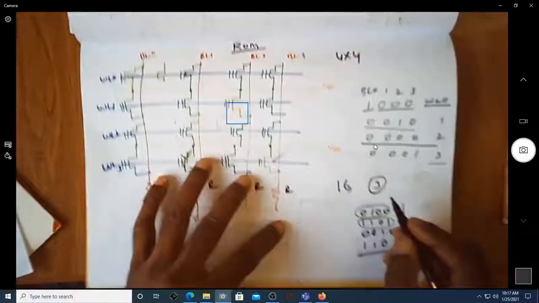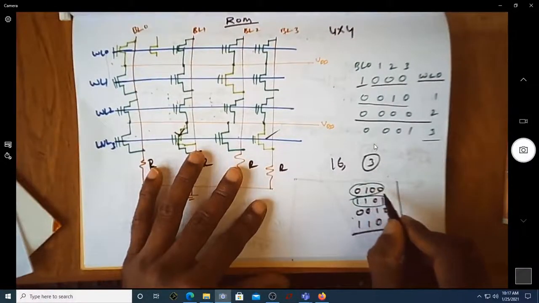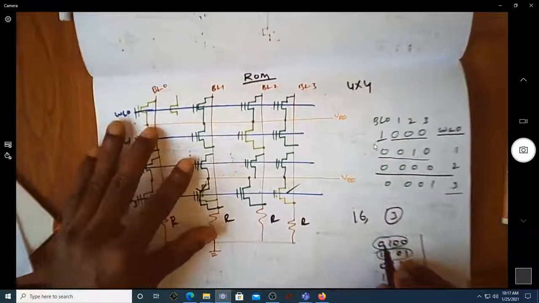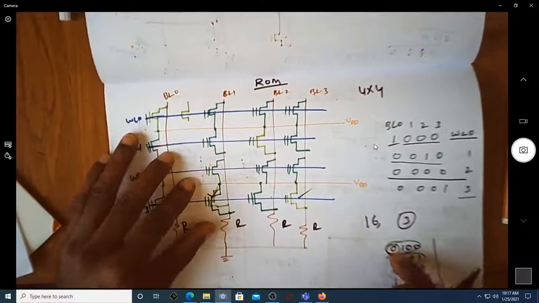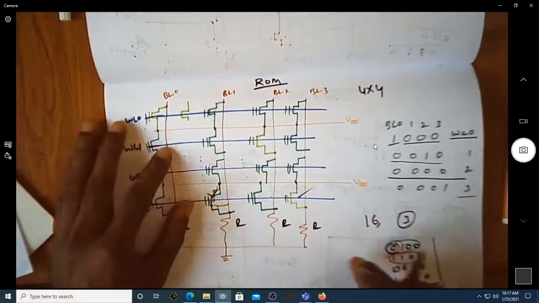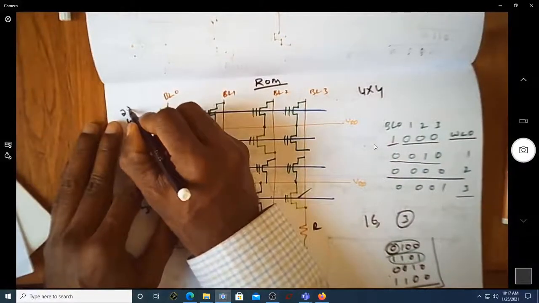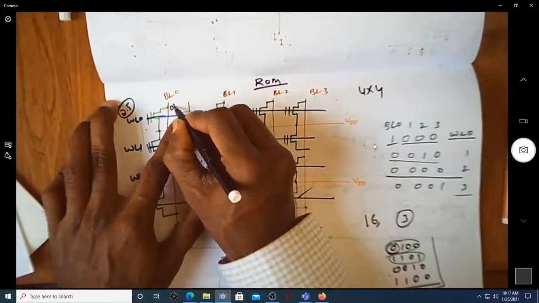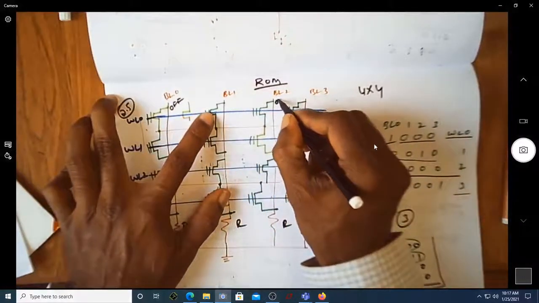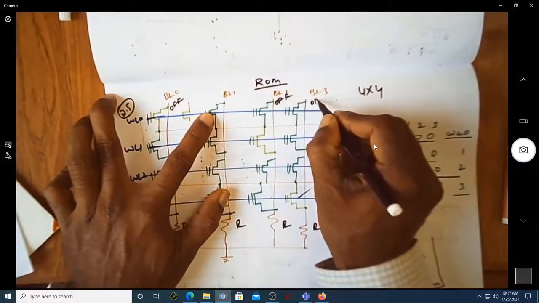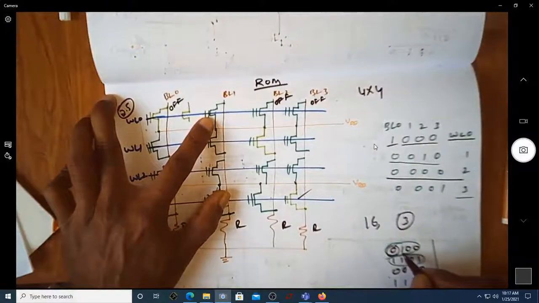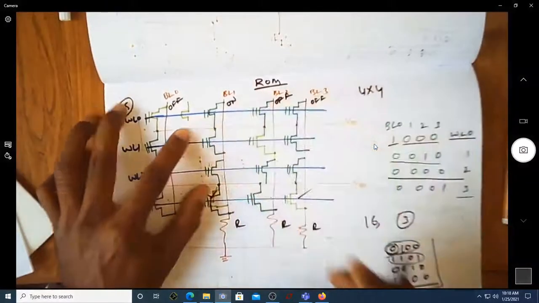What you want to store is 0 1 0 0. Since you want to store a bit 0, for a voltage of 2.5, this should be off, this should be off, and this should also be off. Only this particular transistor should be on.